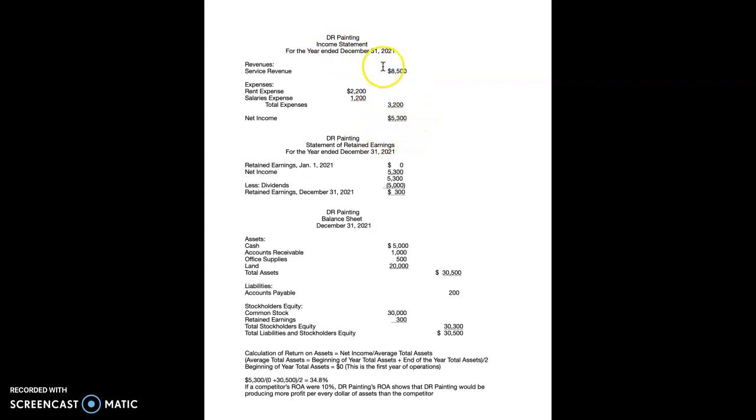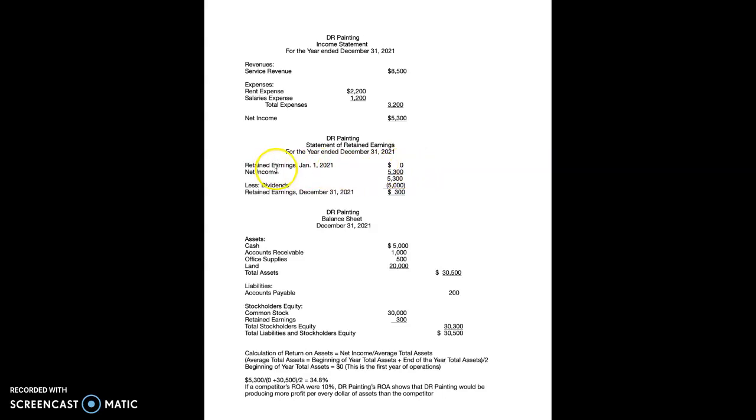Now, the reason why we have to do an income statement first is because we need that net income to prepare the next financial statement, which is the statement of retained earnings. We start off with the retained earnings at the beginning of the year. In my particular example, this is the first year of operations, so we have 0 in retained earnings at the beginning of the year.